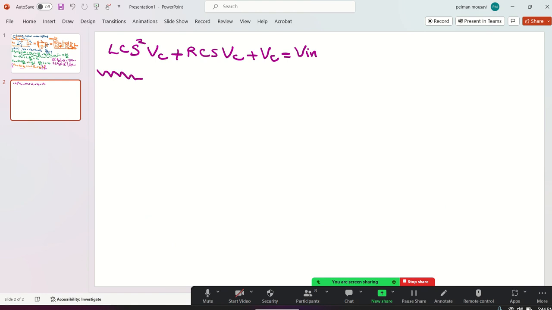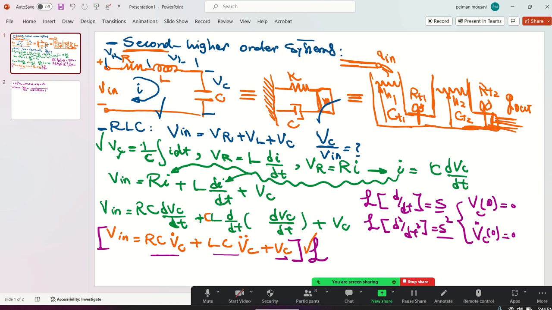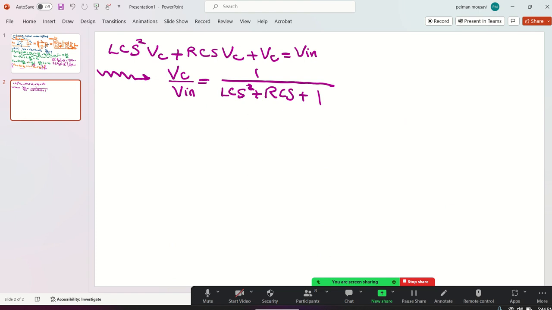So you get that the closed loop transfer function of capacitor voltage over input voltage is 1 over LC S square plus RC S plus 1. You got it? So this is a second order system, guys, because in the time domain it has a second time derivative. In the S domain, the highest power is 2, S square. This is a second order system, as I promised.